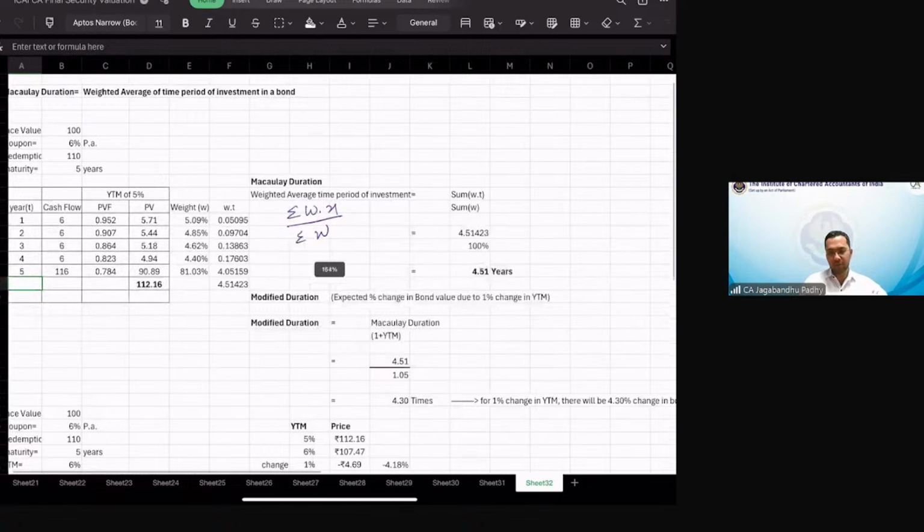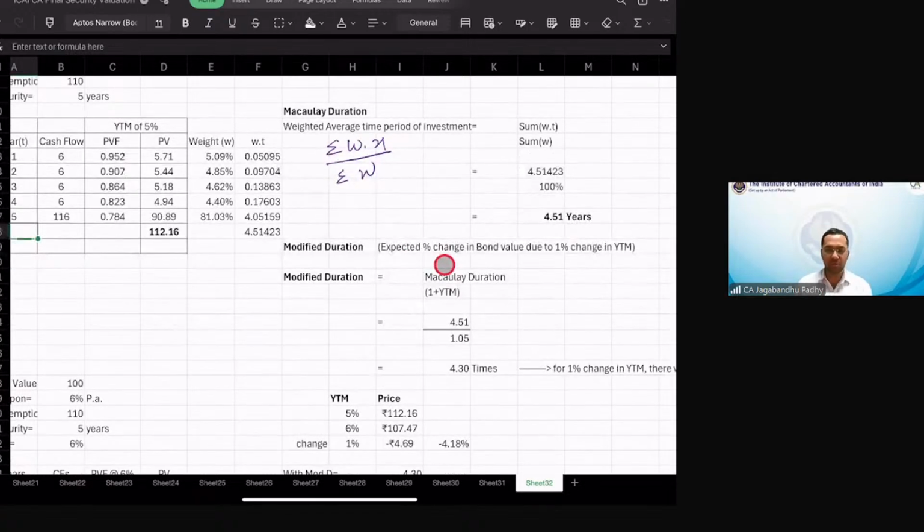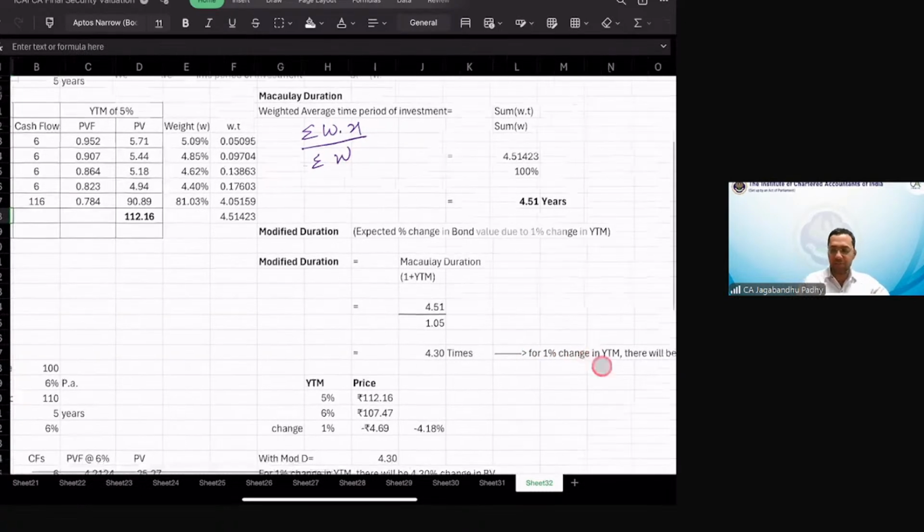So we already covered Macaulay duration, which is a weighted average time period of the investment, whereas modified duration is the Macaulay duration divided by 1 plus YTM. Dividing by 1 plus YTM is essentially for a 1% change in YTM, what is the expected change in the bond value?